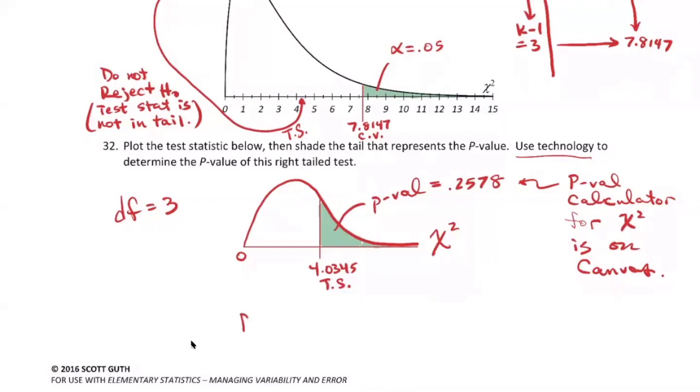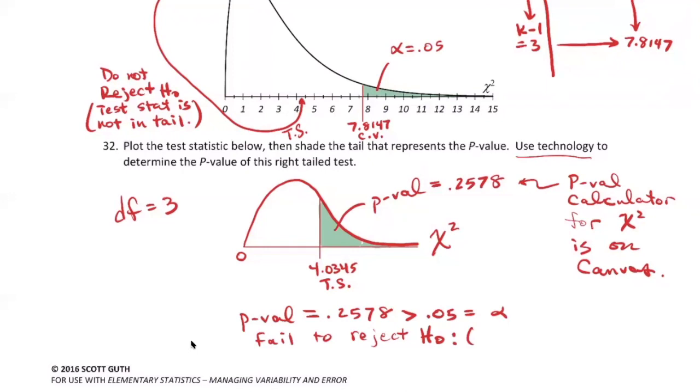Again, the p-value this time, 0.2578, is bigger than the 0.05, which is our alpha, which means we're going to fail to reject the null hypothesis, which said each proportion is 25%.